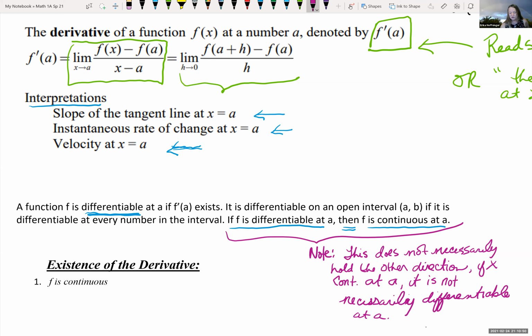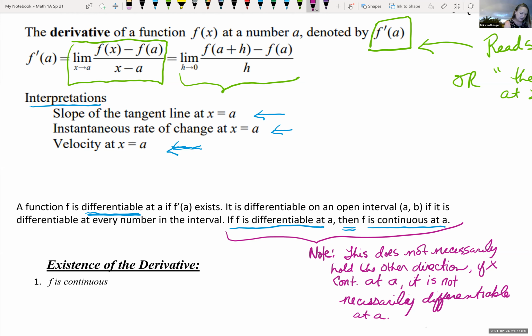And we'll see an example of that a little bit later when we look at an example of the absolute value of x and seeing if it's, we know it's continuous at x equals 0, but we'll show that the derivative actually doesn't exist there.